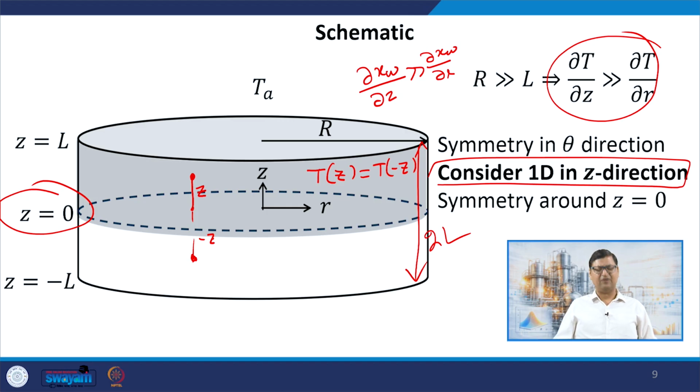They are as far from the surface, right? Both are equally far from the surface, so the heating is the same. So we can assume T of z is T of minus z, and therefore we can solve only in the solution domain, which is above this center line symmetry, that is the upper half of the biscuit.